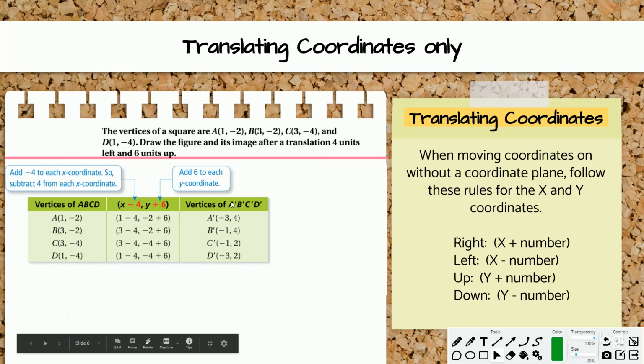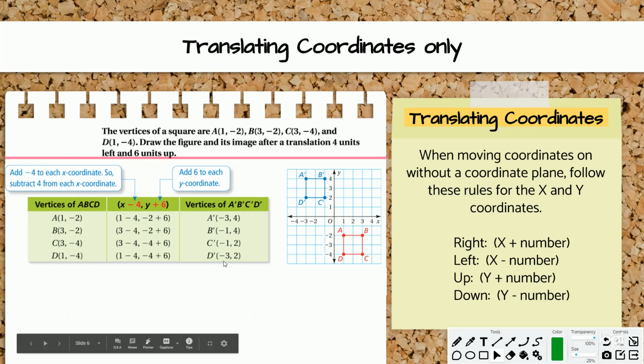I get my new prime coordinates for my new image, and I have A prime, which is negative 3 comma 4, B prime, which is negative 1 comma 4, C prime, which is negative 1 comma 2, and D prime, which is negative 3, negative 2. And then I have a picture here.